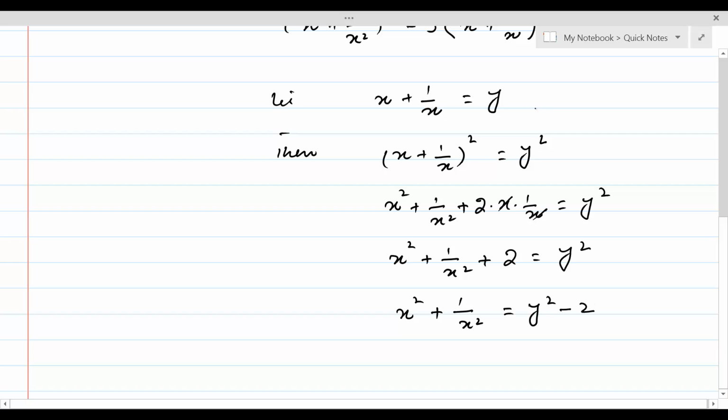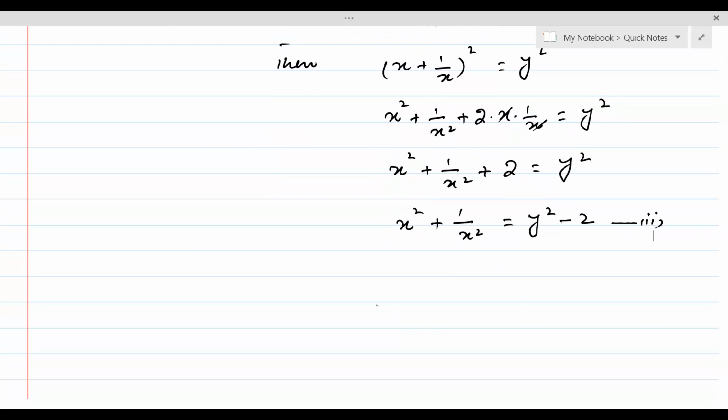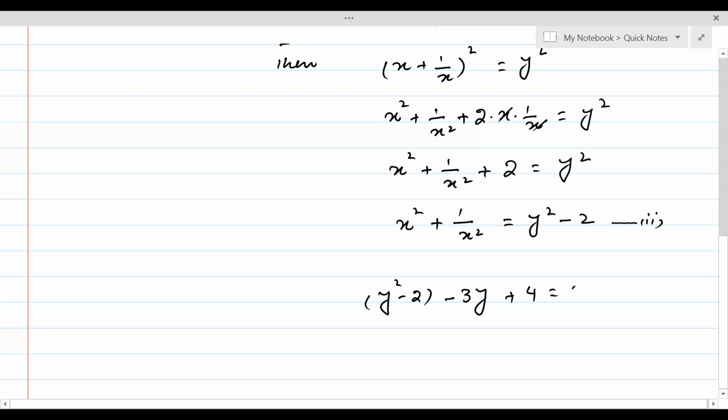Now we can substitute the values of x plus 1 over x from equation 1 and from 2 back into the given equation, and this will give us y square minus 2 minus 3y plus 4 equal to 0.